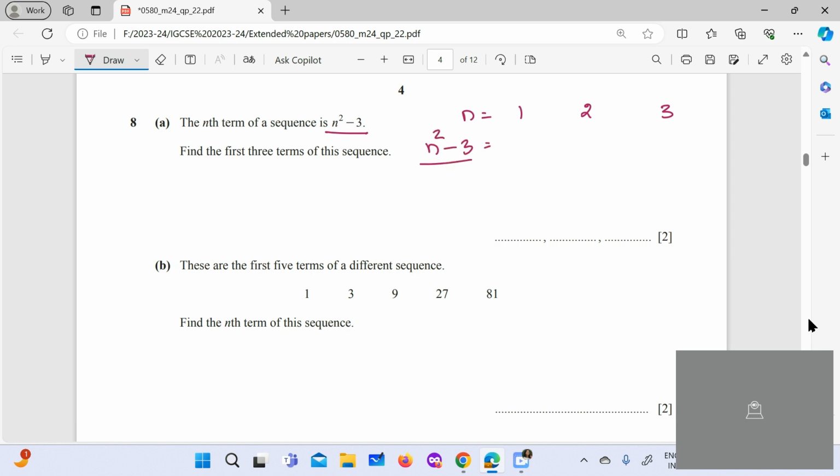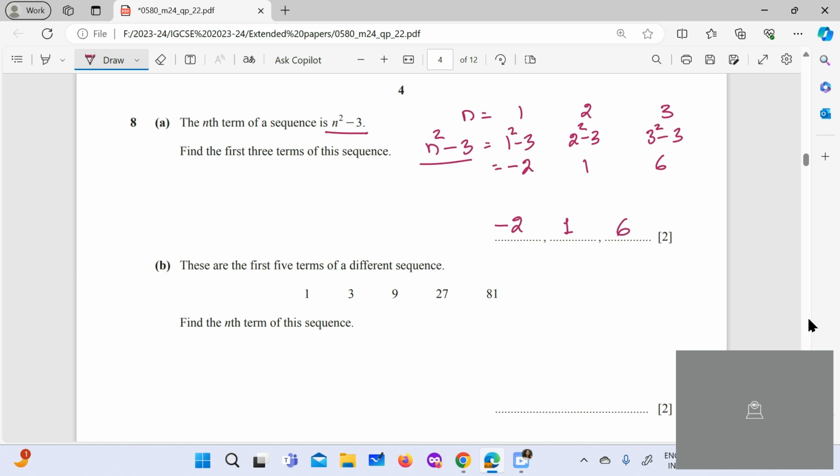So 1 squared minus 3 will give you minus 2, and then 2 squared minus 3 will give you 1, and then 3 squared minus 3 will give you 6. So simple, our answer is minus 2, 1 and 6.